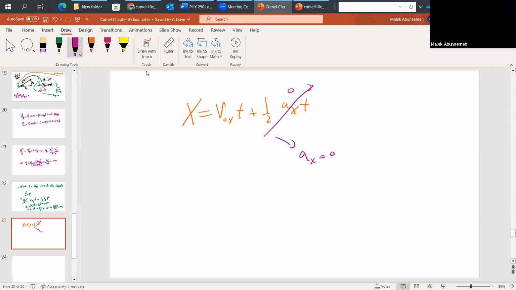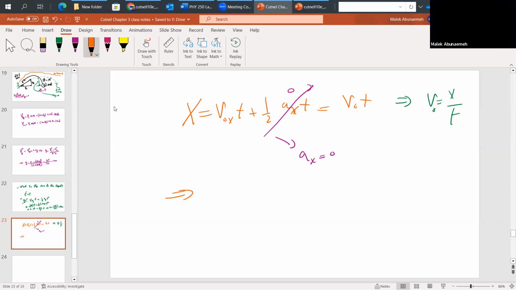Because a of x is going to equal 0, this term goes to 0. That means it's going to equal v naught times t, which makes sense because your velocity is your distance over your time anyway.